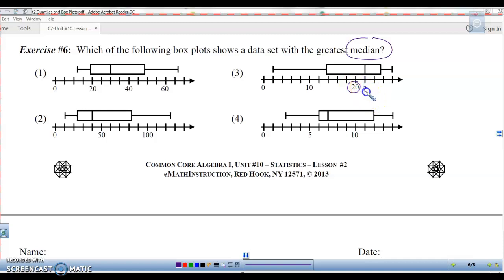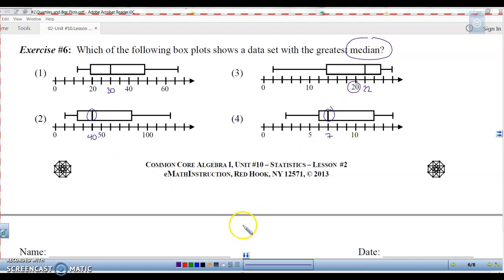This median would be at 22. Okay, what's this median at? 20, 25, 30, 35, 40. This is going to be at 30. Okay, this median right here is at 10, 20, 30, 40. And this median right here is at 7.